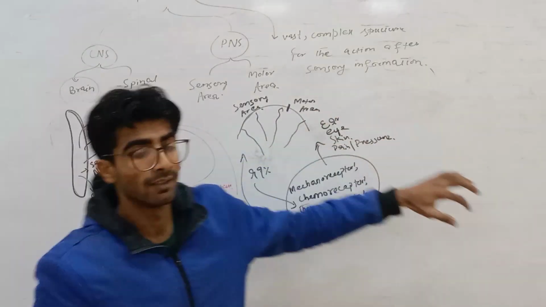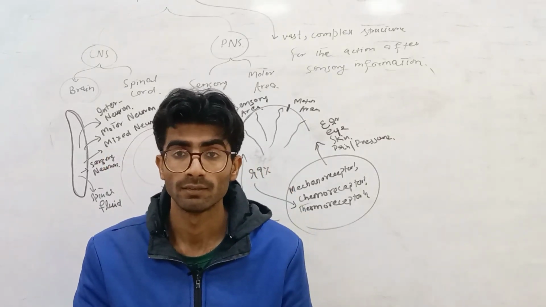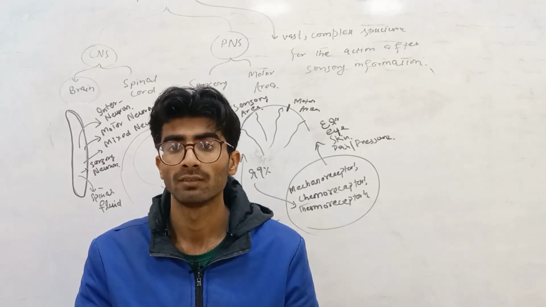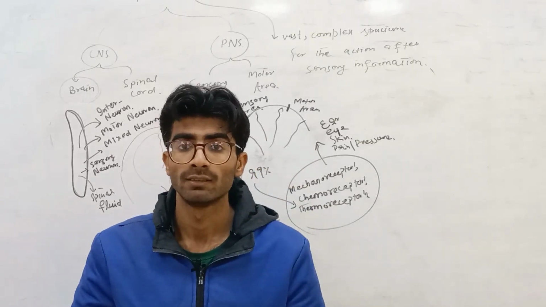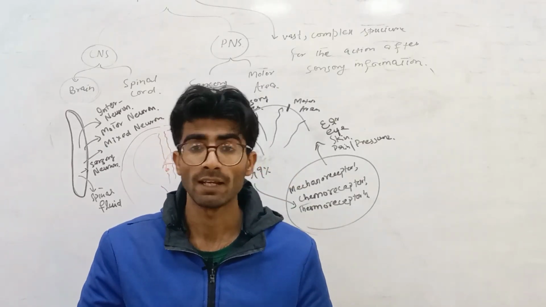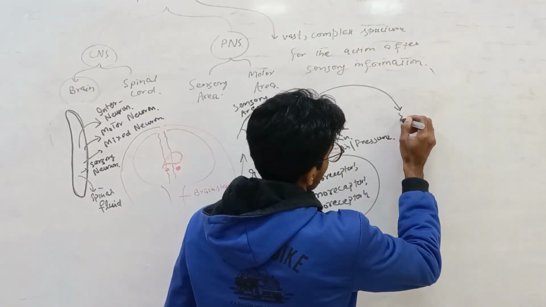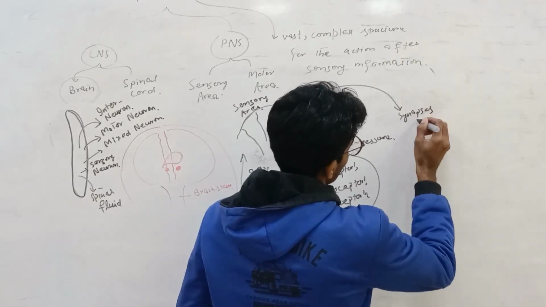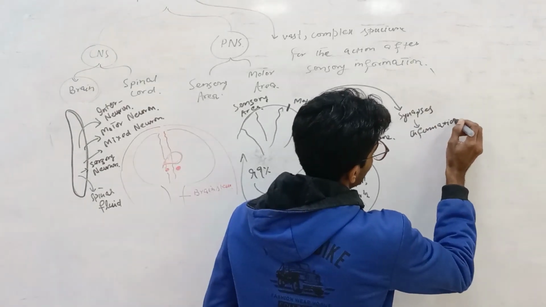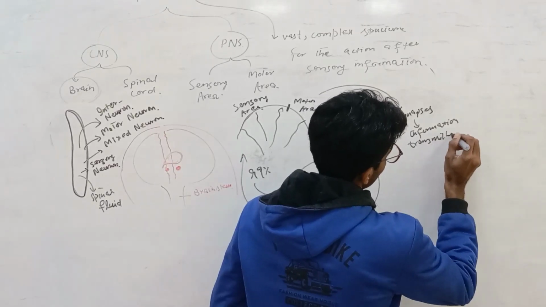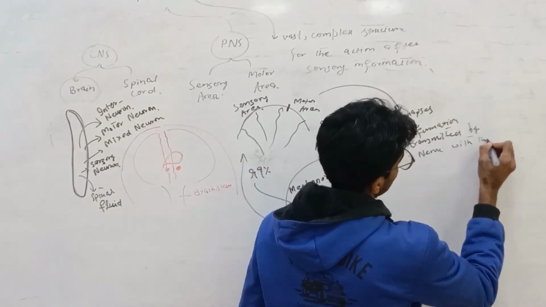Now, how does the motor area work? In the nervous system, synapses transmit the information in the central nervous system, and after that, with the help of the nerve action potential, by the help of synapse, information is transmitted by nerve with the help of action potential.